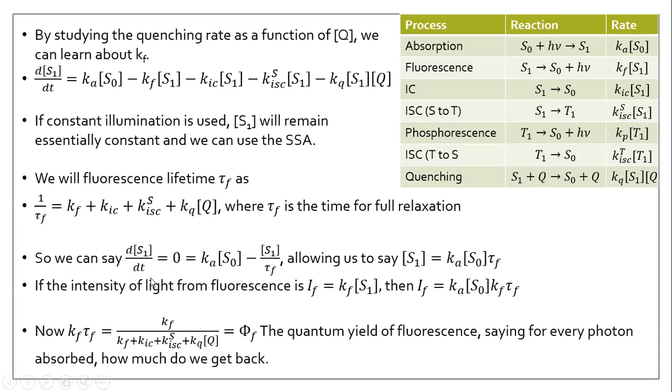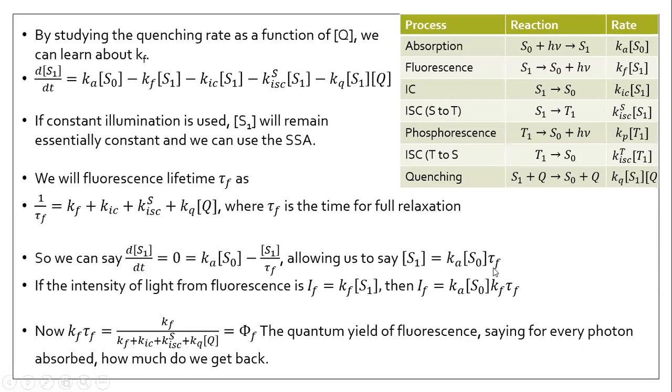So with the steady state approximation, the rate of change of S1 is 0, which equals ka S0 minus S1 over tau f. Because essentially we're able to take out all those terms and simplify this down, we can say that S1 is equal to ka S0 times tau f.